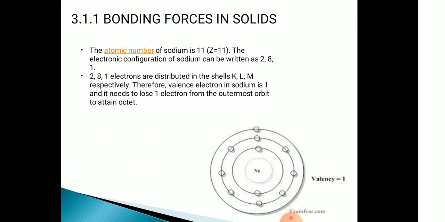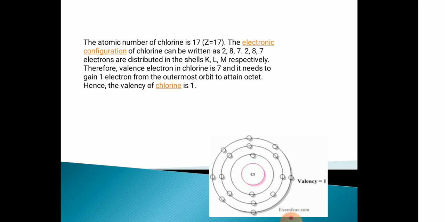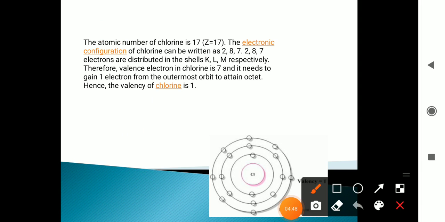So in order to form an octet, that is 8 electrons in the outermost shell, sodium will give 1 electron to the chlorine, so that the electrons in the outermost shell of chlorine are now 8.